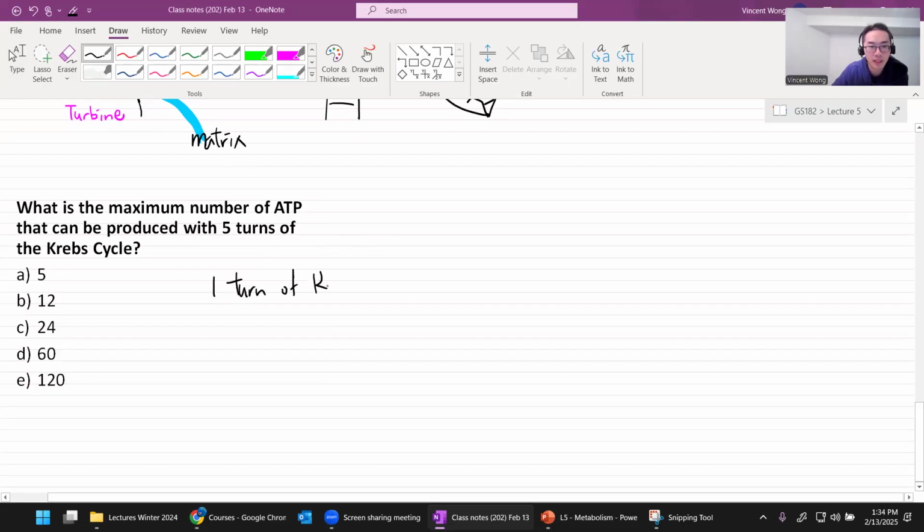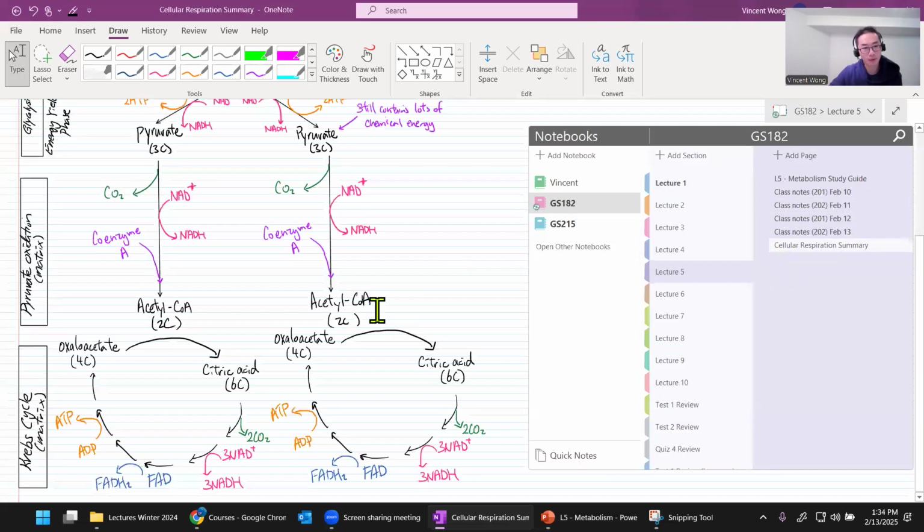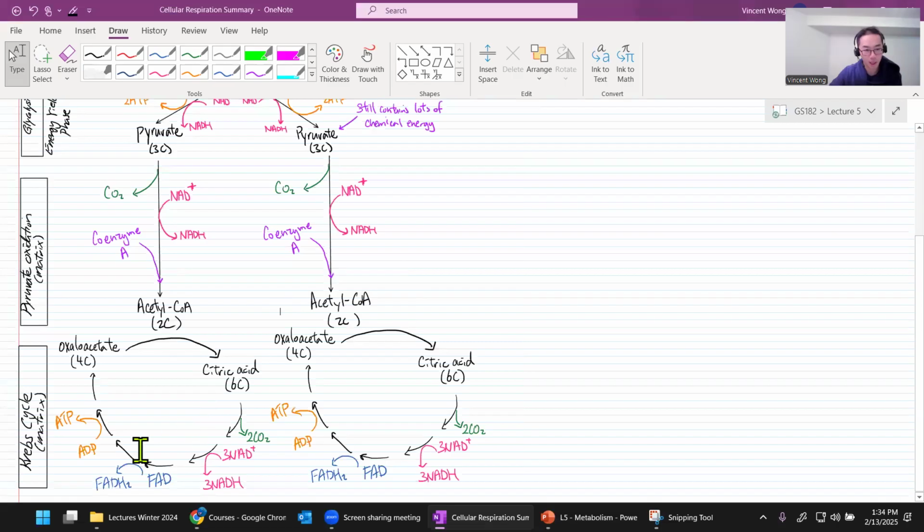one turn of Krebs cycle. What are the main products from one turn of Krebs cycle? Which is why it's important to have the summary here. One turn will produce one ATP, one FADH2, and three NADH.